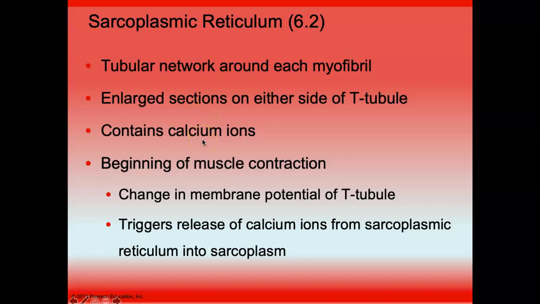It surrounds each myofibril, and therefore it really fills the entire muscle cell. So at the beginning of a muscle contraction, there's some sort of change in that membrane potential, and it causes this membrane potential to travel down the T-tubule and go to the sarcoplasmic reticulum to let the calcium out.